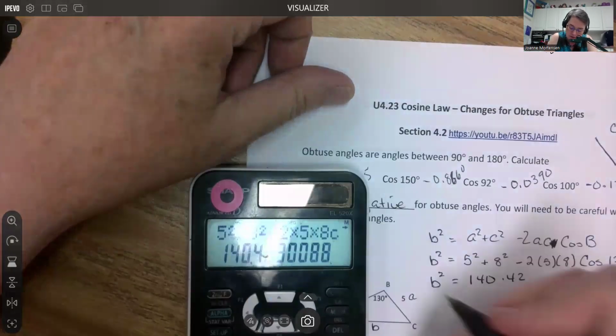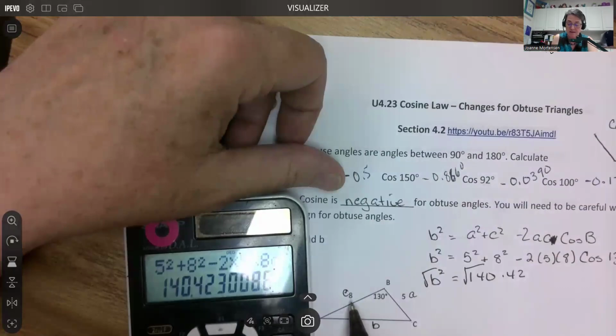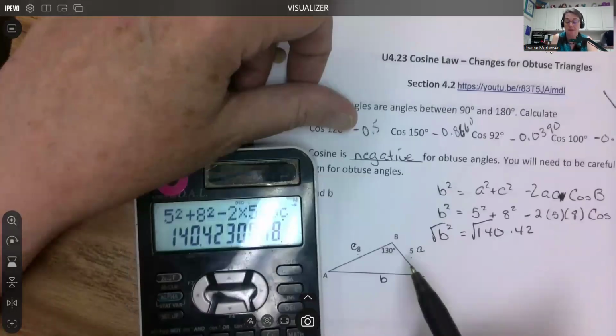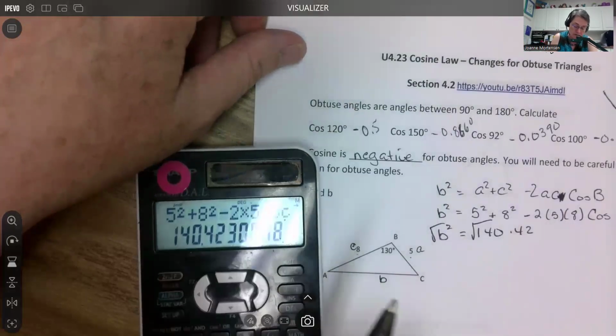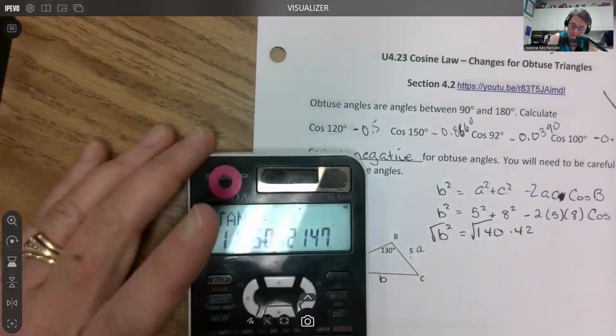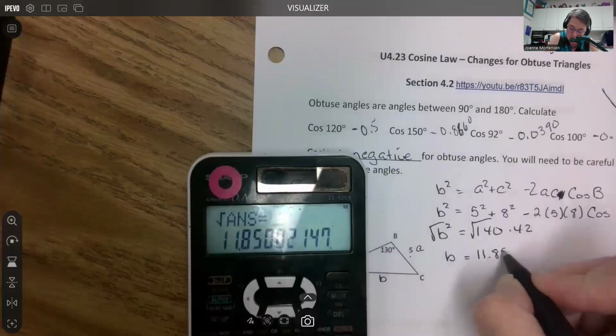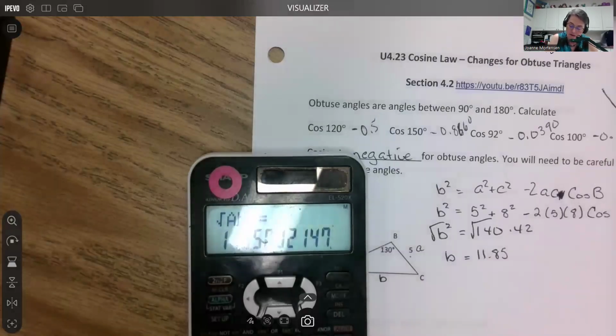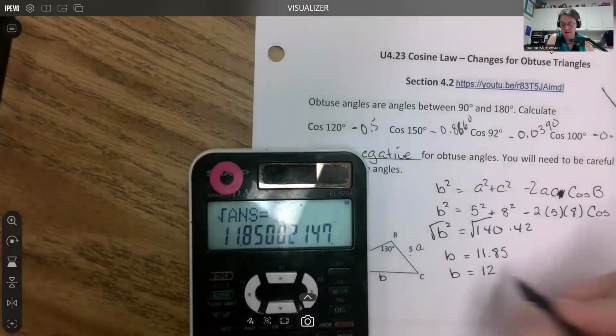And then we're going to take the square root to solve that. Don't forget, because there's no way if this side is 8 and this is 5, that this one's 140. So we need a square root. So b is equal to 11.85. And those are all whole numbers, so we'll make b is equal to 12, and there's no units.